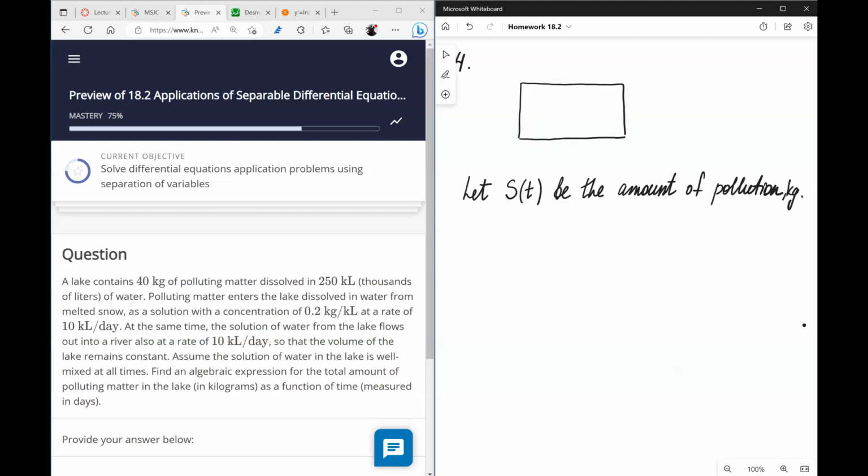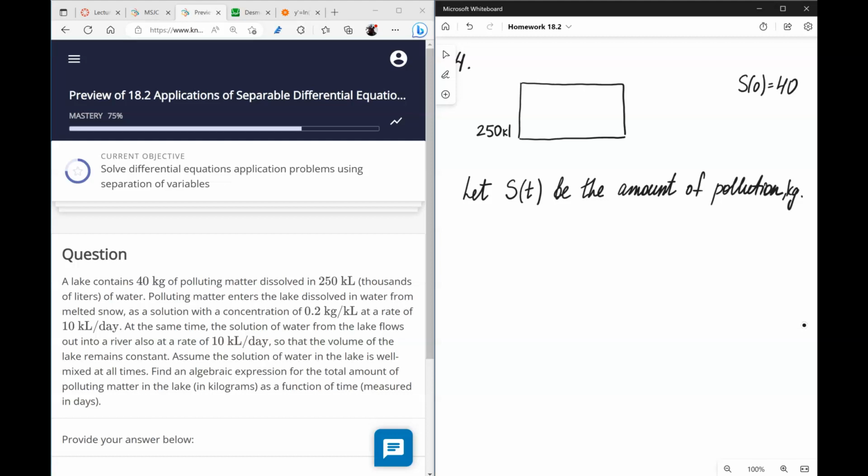And as we're reading the problem, what do we learn? We learn that there are 40 kilograms of it at the beginning, so S of 0 is equal to 40. What else do we learn? We learn that there is 250 kiloliters of water. So this is the lake, 250 kiloliters of water.